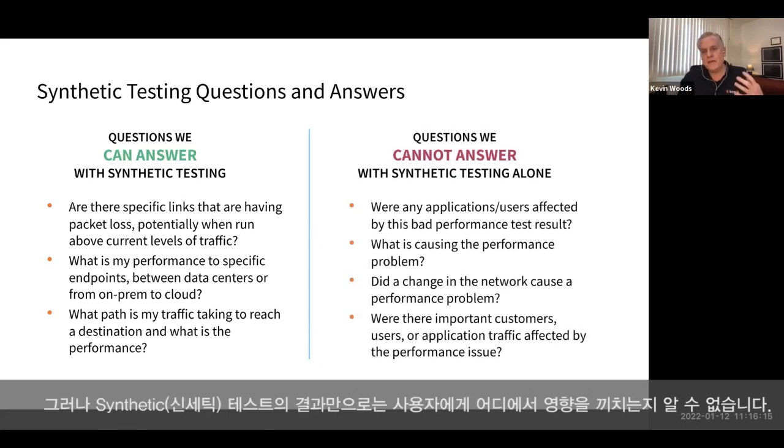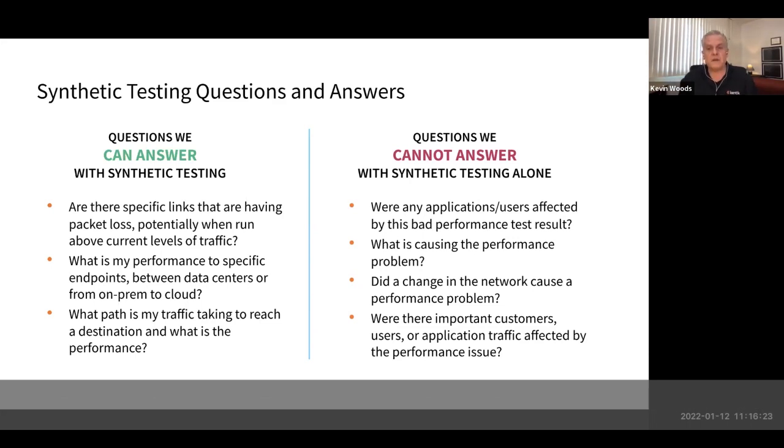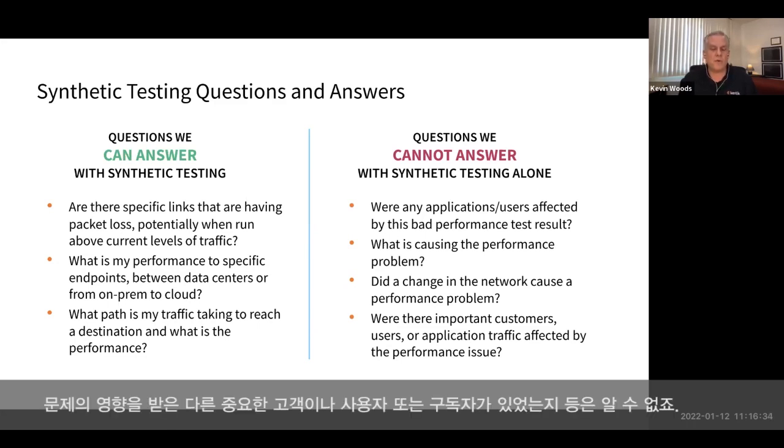But with synthetic testing alone, I can't answer where my user is impacted by a performance result, a bad performance, a bad link. Did a change in the network cause a performance problem? What is causing the problem? Were there other important customers or users or subscribers that were impacted by the issue?